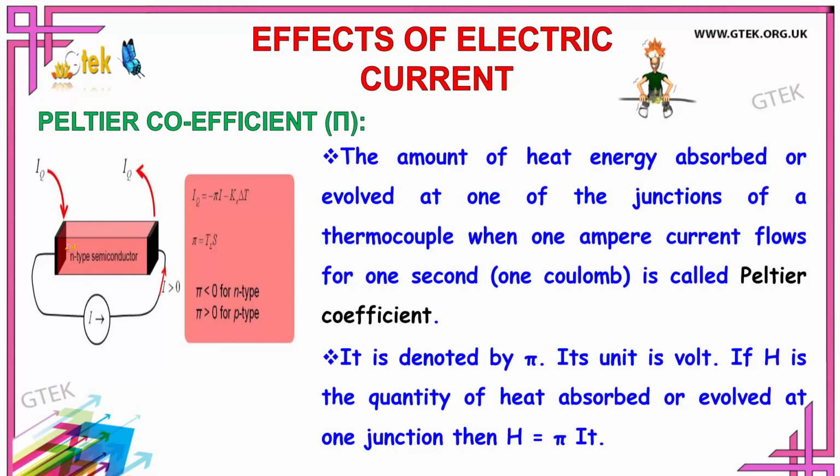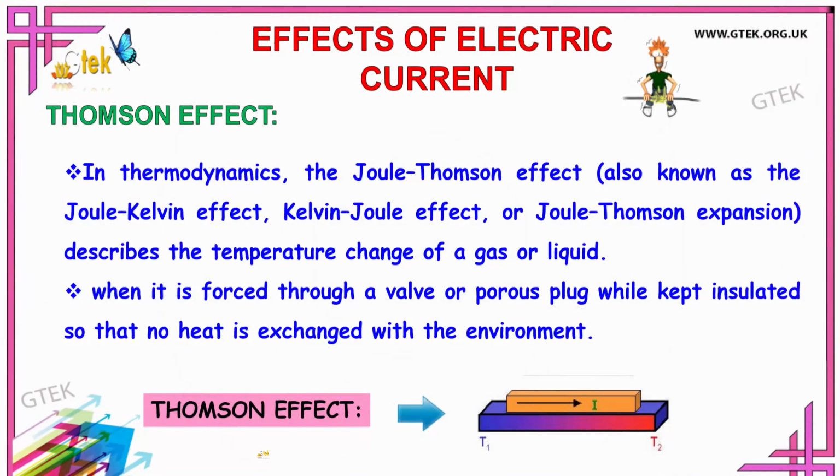So basically a semiconductor model such as N type or P type will be taken, and heat will be absorbed at one end and released at the other end. When pi is less than 0, the conductor is an N type semiconductor. When the pi value is greater than 0, it is a P type semiconductor.